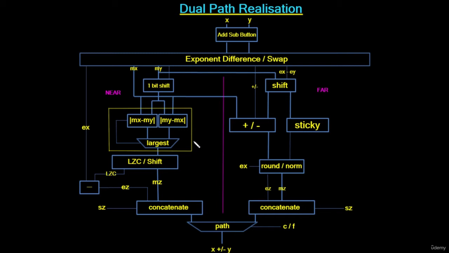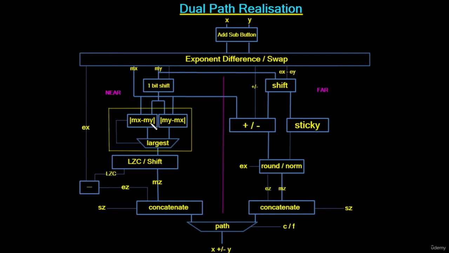So equivalently, it means that the mantissa of y will either shift by a factor of 0 or a factor of 1. So this is a possibility of a 1-bit shift, and we get the control of that shift dependent on the exponent value here. Now looking at these three blocks here within this yellow box, this provides us with the subtraction.